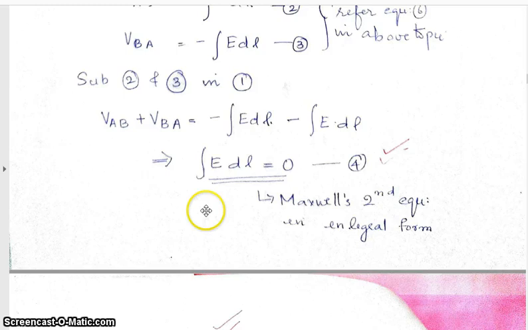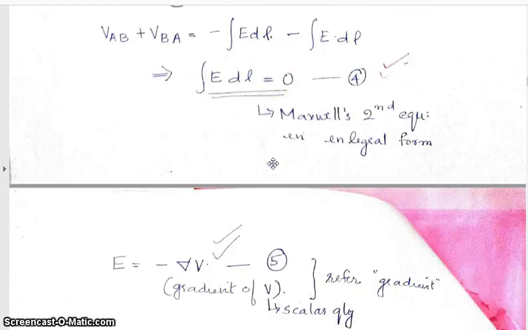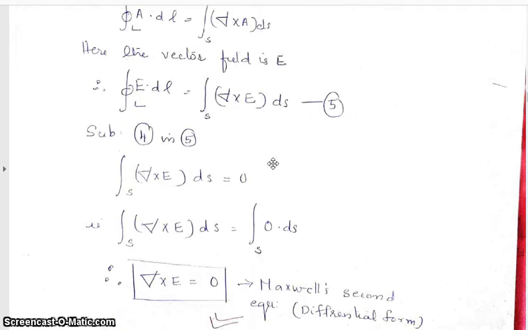Now here you can see integral E dot dl is equal to 0. So I am going to substitute that value here. So I can write surface integral of del cross E ds is equal to 0. So this term is equal to 0. Slightly rewriting the equation, integral S del cross E ds is equal to integral S 0 ds. You know this term will be equal to 0.